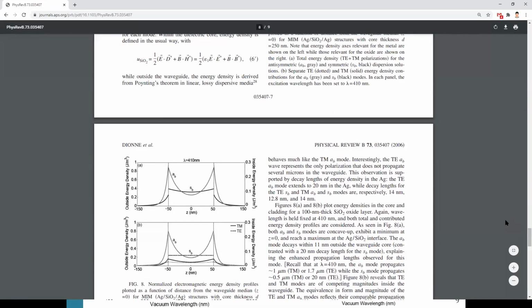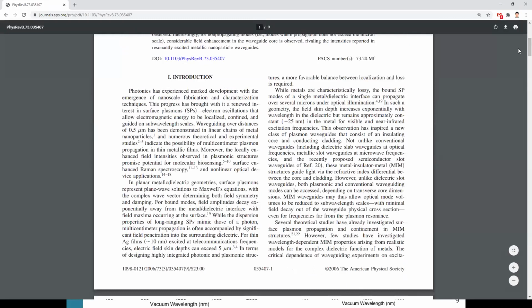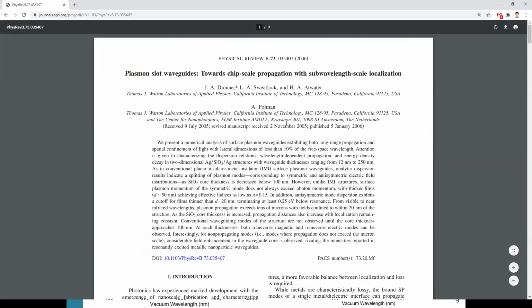This is very well organized. It's not about anything profoundly new, but this paper organizes how to derive things and the properties of a plasmonic waveguide in one nice paper, and it got cited a lot, like 12,000 times. I'm sorry, 1,200 times.